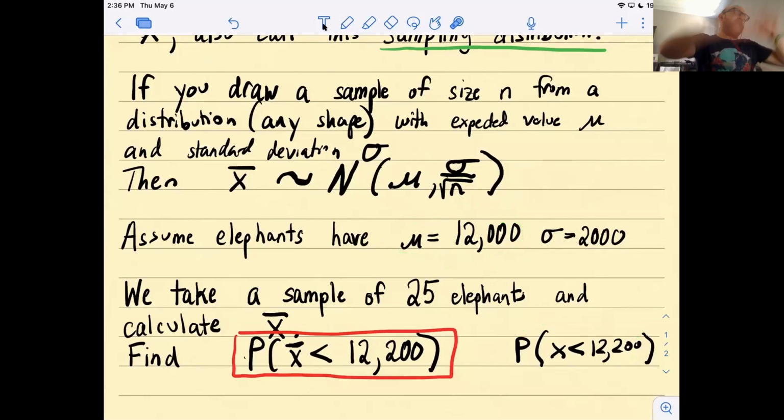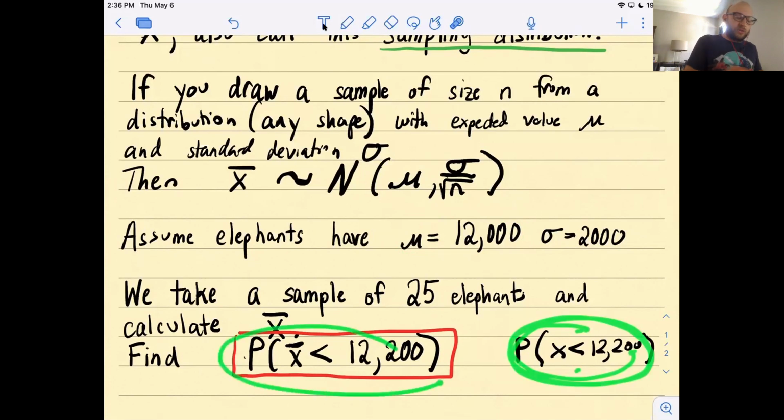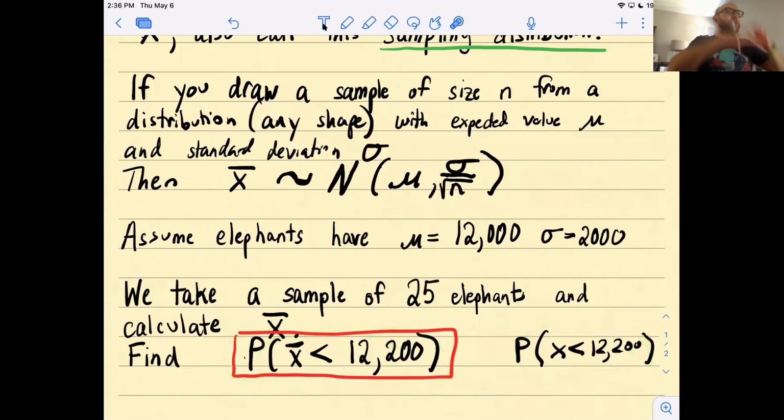And we know that weights and things are generally bell curves. So this is going to be greater than 50%. This is also going to be greater than 50% because the middle of this one, X bar, the middle of where it can fall is also 12,000. So this is also bigger than 50%.